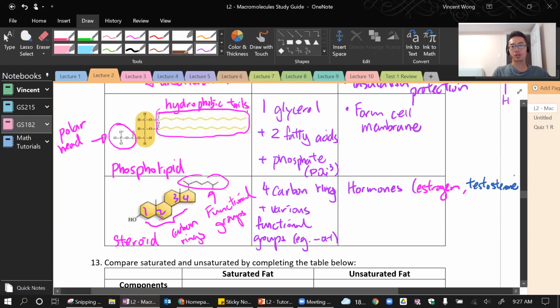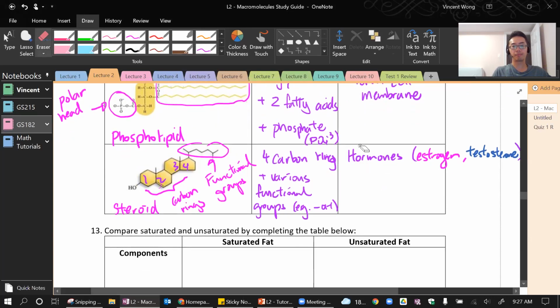Cholesterol is the starting material for estrogen and testosterone. We can also use it for water repelling surface. Like if you think about beeswax, that is a steroid. All right. Any question about the 3 types of lipids?